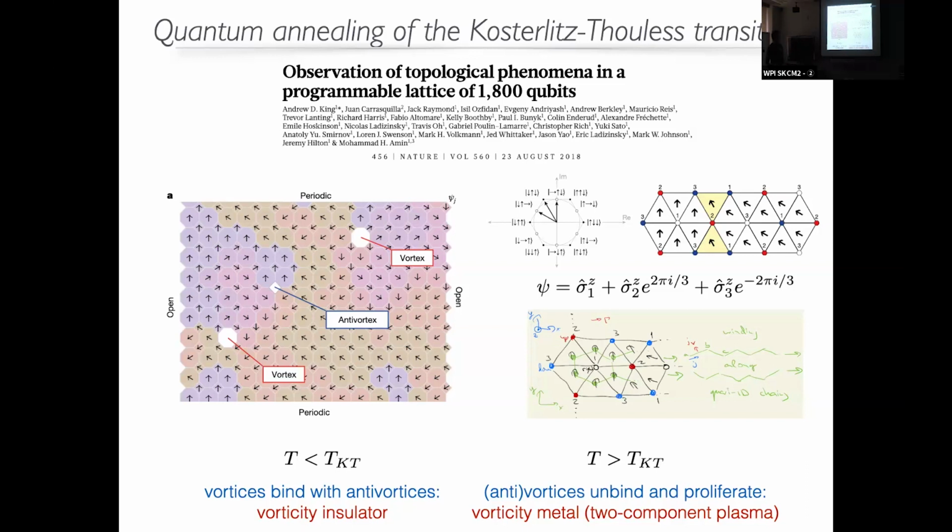There's a snapshot of the XY order parameter distribution in the quantum annealer that shows domains. Here the order parameter is pointing primarily up or to the right and twisting around a little bit, and you clearly see some points which they identify as vortices, anti-vortices, etc. The main focus of this paper was on BKT, Berezinskii-Kosterlitz-Thouless physics. That's the main claim of this paper.